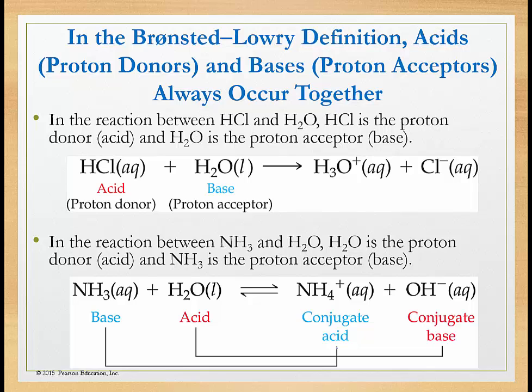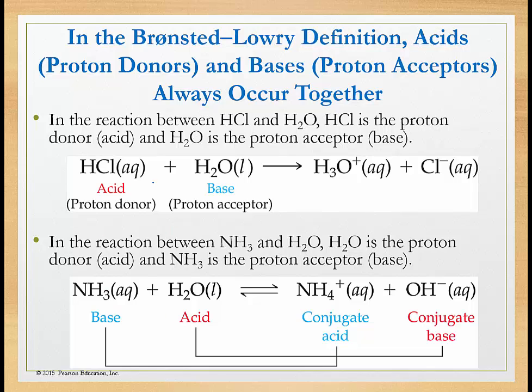So it's important to realize that when we have acids and bases, those are going to occur together. It's just like when you have cations and anions. You're not going to find cations without anions. In Bronsted-Lowry, you're not going to have a proton donor without having a proton acceptor in this sort of acid-base reaction.